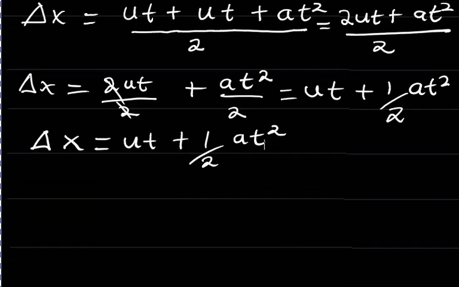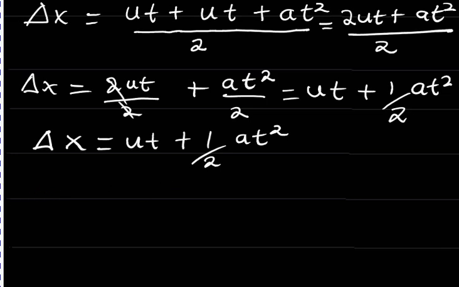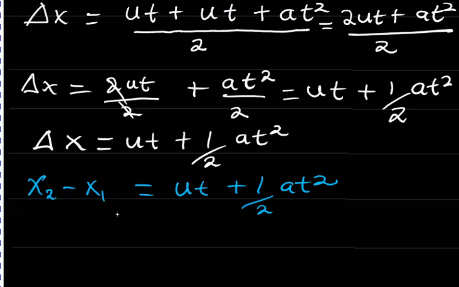Of course, this can also be written like this, since we know that delta s is equal to x, the final distance minus initial distance, or x1. Let me use x2 minus x1. So it is equal to ut plus half at square. Sometimes don't get confused if in your textbook you see something like this, the final distance x.